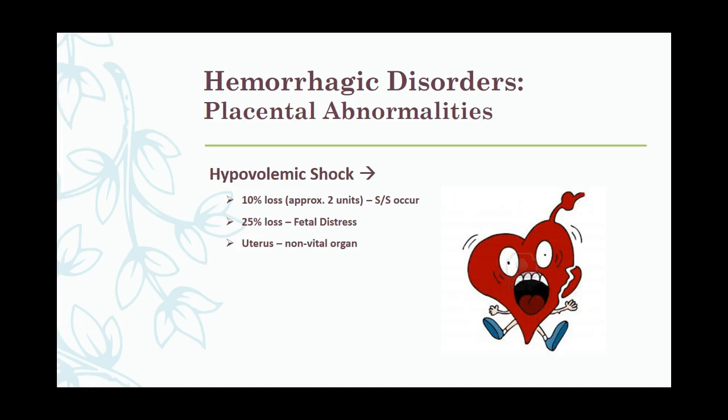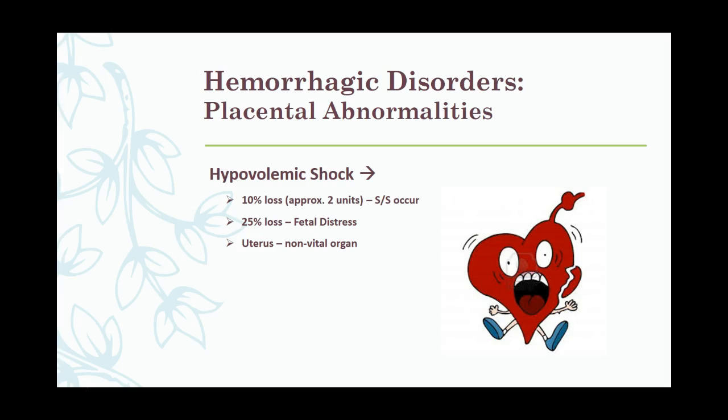So those are things like tachycardia, tachypnea, hypotension. At a 25% loss of your blood volume, you will start to begin showing signs of fetal distress. So you will see it on your monitor strip. Oftentimes, it will be in the form of late decelerations or bradycardia.